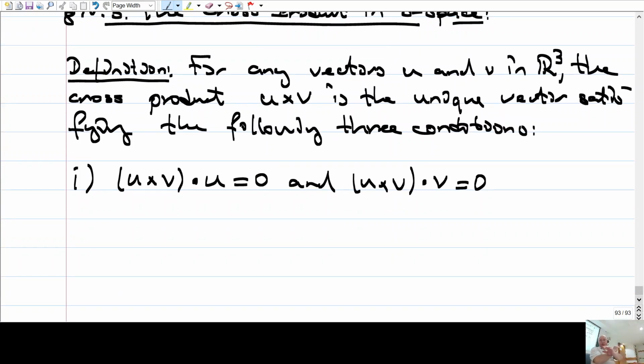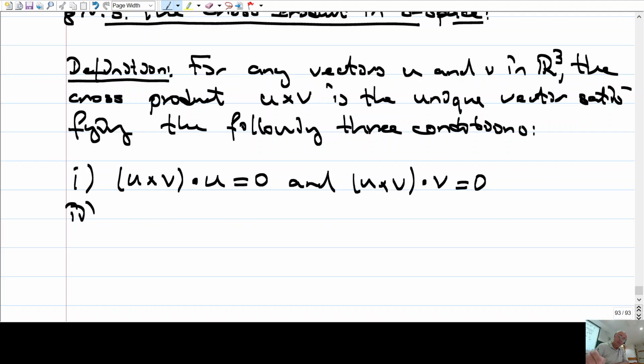Dot product 0 means the angle between them is 90 degrees, because it is the length of this times the length of this times cosine of the angle between them. So for this to be 0, either one of these vectors is 0 or cosine theta is 0. Cosine theta is 0 if the angle is 90 degrees. So it means the cross product vector is perpendicular to u and perpendicular to v.